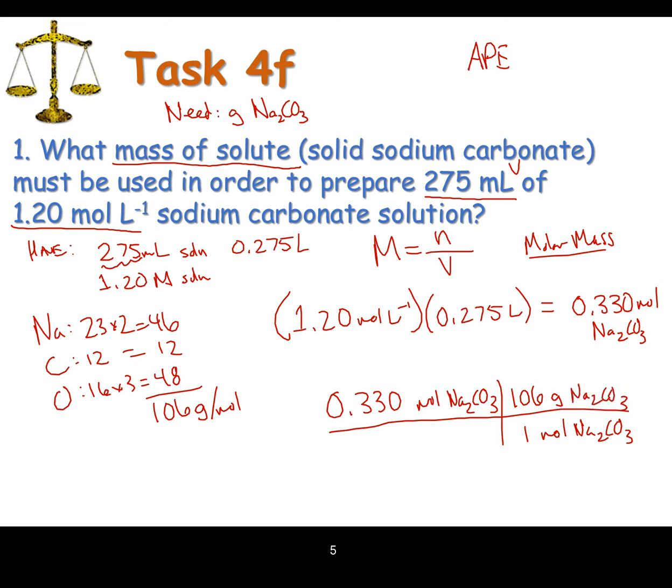So I will again calculate this over here by multiplying the top and dividing by the bottom. So let's see, we get 34.98, so that's going to round to 35.0 grams of Na2CO3.